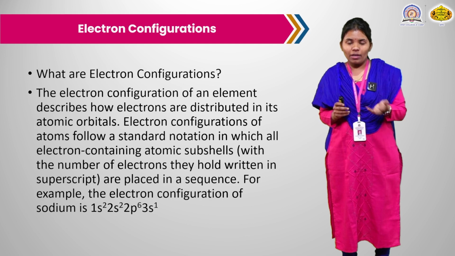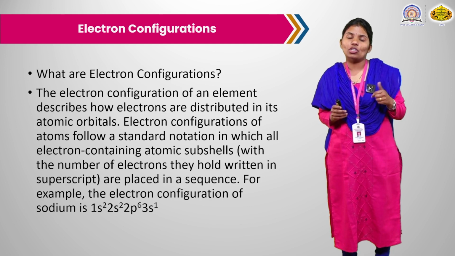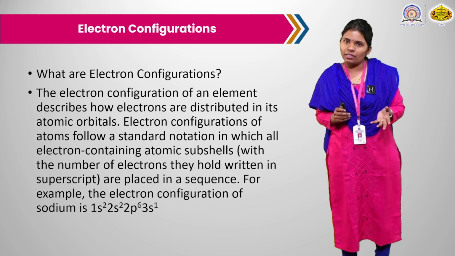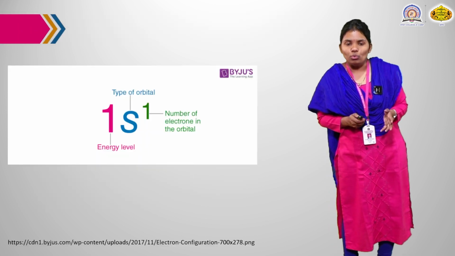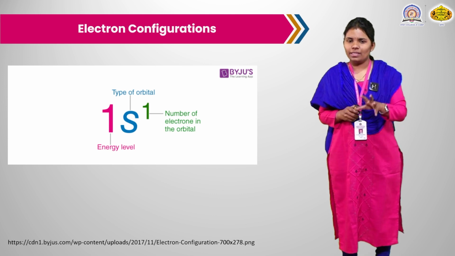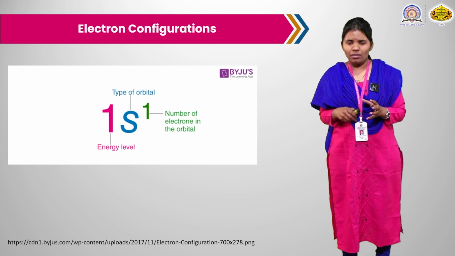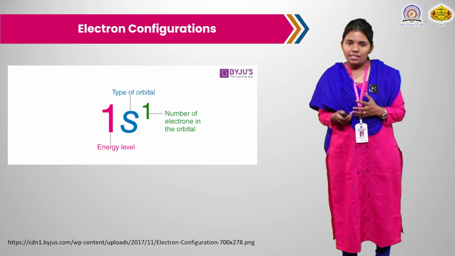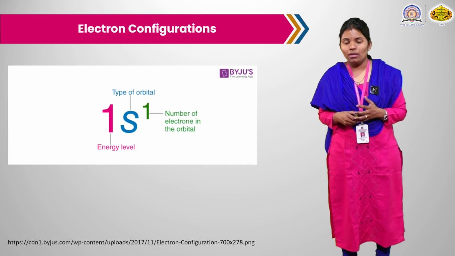But to particularize, you have to write in which orbital the electrons are situated and how many electrons there are. So, there are some rules to write the electronic configuration. First of all, let us see how to write it. What is the 1 here, what is the S here, and what is the spin quantum number?